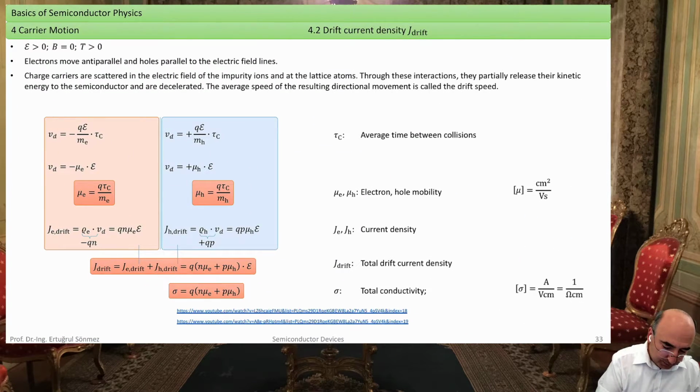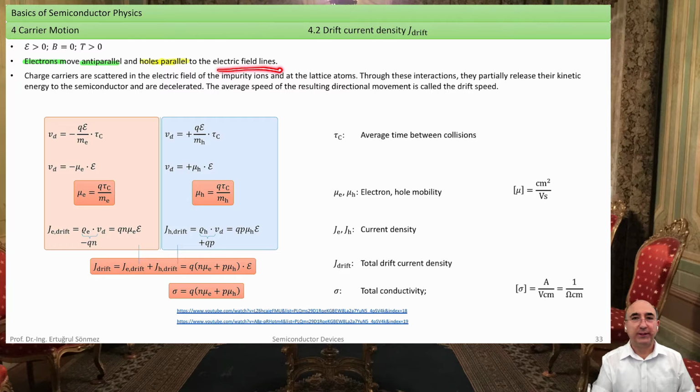So the electrons move anti-parallel and the holes move parallel to the electric field lines. What does that mean? How is the electric field line defined?